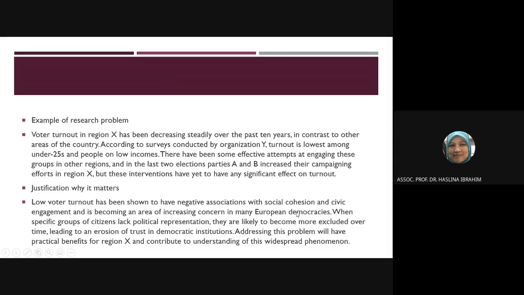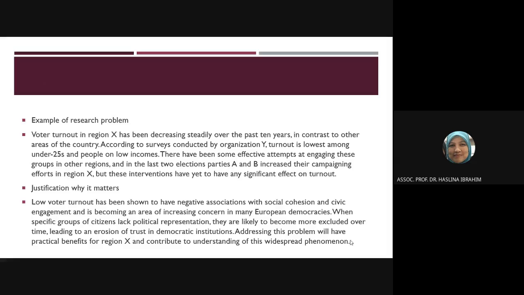So you give some hints that one of the reasons for this decreasing percentage is problems of social cohesion. People were not close to each other, and there was little civic engagement. They were very individualistic, in that sense.